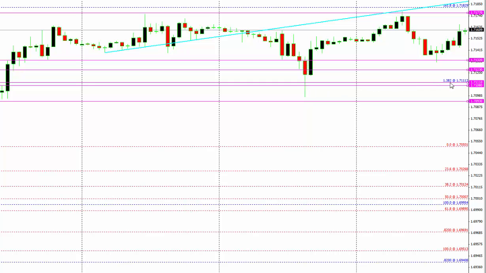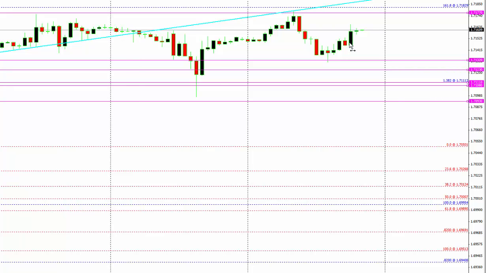Actually, this was one of the points in the calculations, one of the levels, it's sitting on that 1.382, and then all the way down. Of course, it didn't make it to this point, but this shows you the power of this stuff.